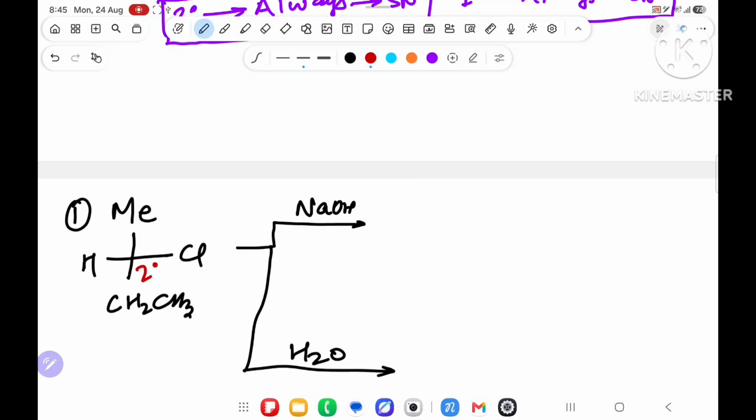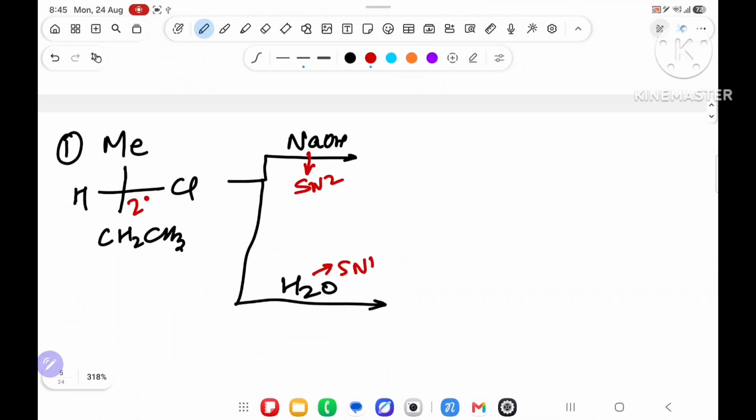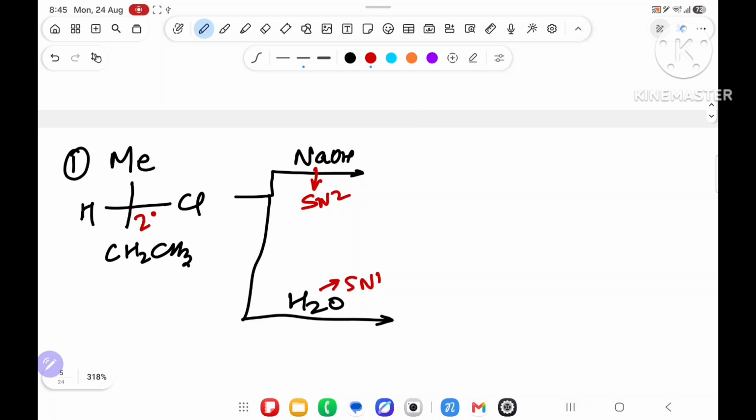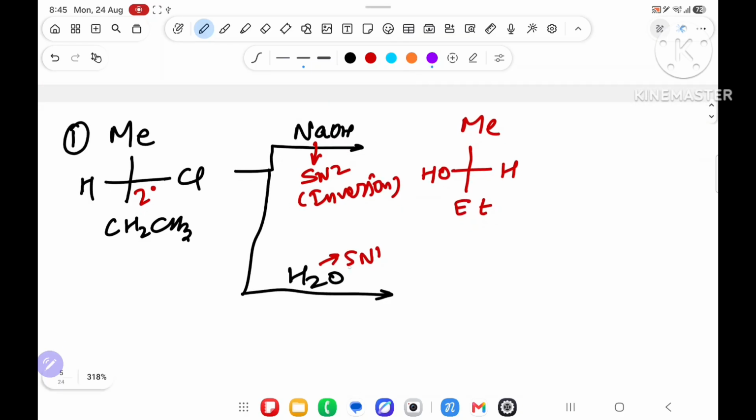Sir, this is 2 degree, one side methyl, one side ethyl, so it will follow SN2 and it will follow SN1, because I have written 2 degree, and 1 degree is always SN2. Now SN2 means what? Inversion. Backside attack. What product is coming? Me, bottom side is Et, CH2CH3 is Et. H will come this side, OH will come this side. It will form only one product, the inversion product.